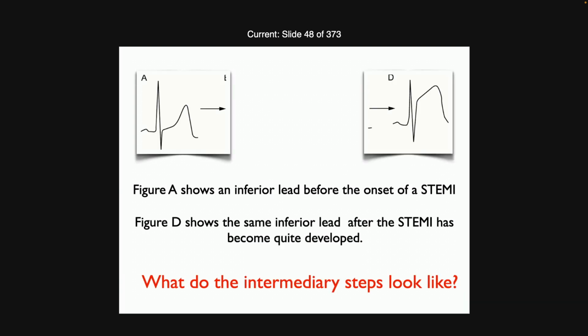So figure A shows an inferior lead before the onset of a STEMI, and D shows, oh, now we've got ST elevation, we've got our STEMI developing. How does it get from here to here?